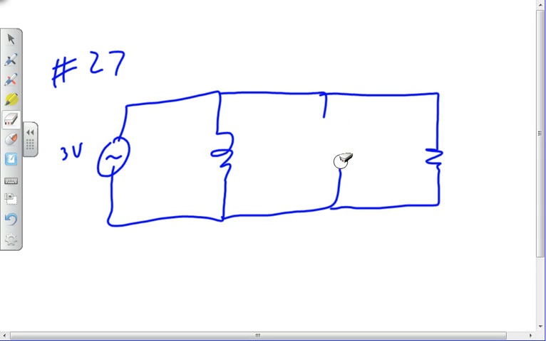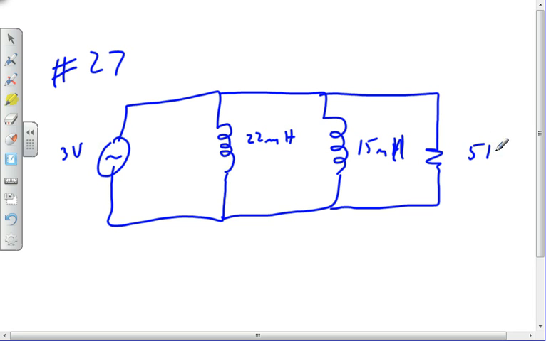And I got a drawing problem again, continually. Okay, 22 millihenry, 15 millihenry, 510 ohms, 5 kilohertz.